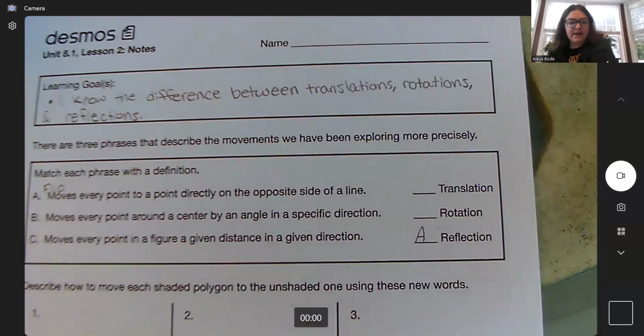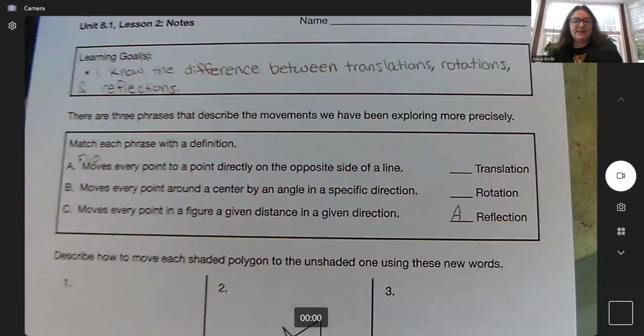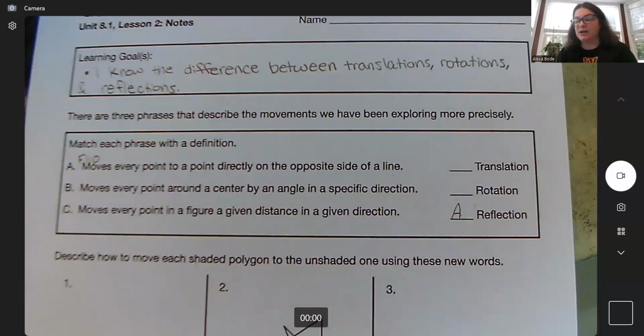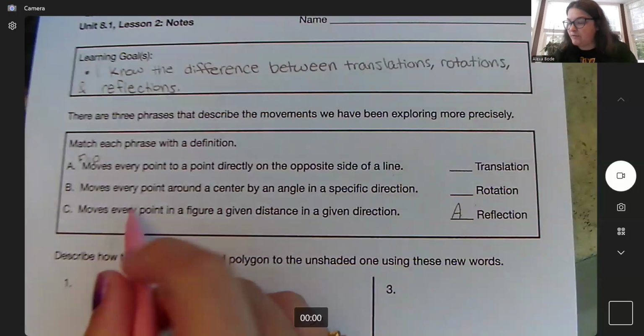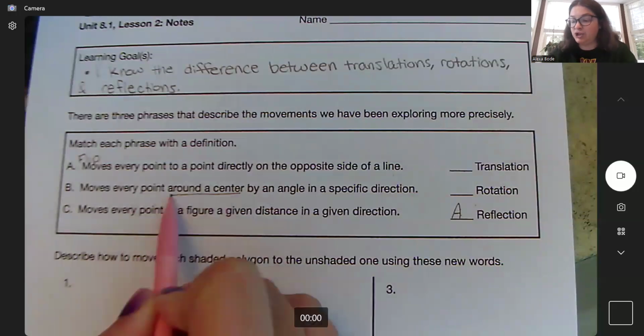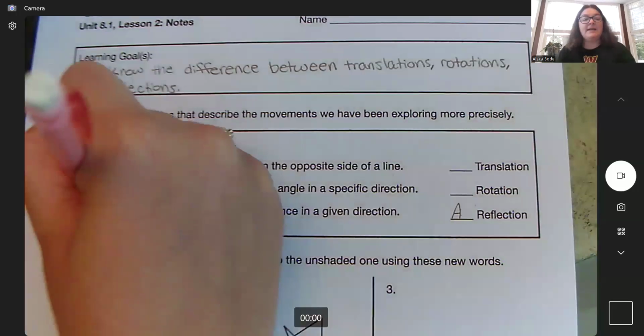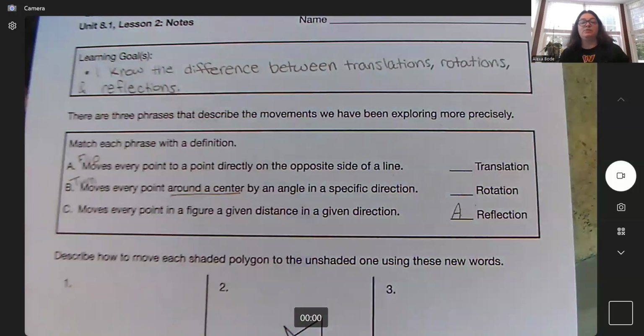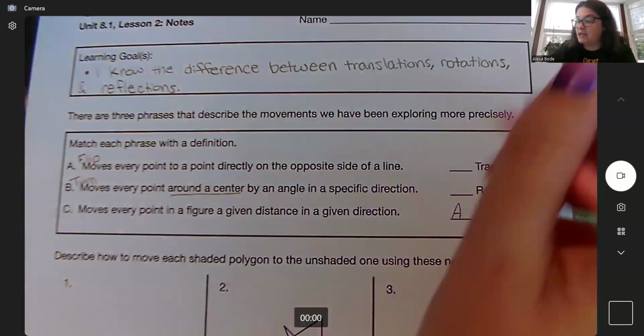Okay. Moves every point around a center by an angle in a specific direction. That's a lot of wording here, but the main thing we want to pay attention to is moving a point around a center. So that is a turn. And I'm hoping yesterday that some of you, when you thought about other words to describe a turn, you may have said rotation.